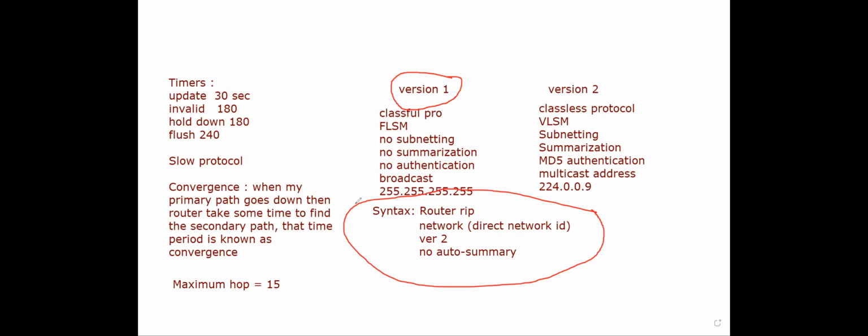Have you done default routing and static routing? Yes, yesterday. Okay, then not an issue, because this was the theoretical part. RIP is easier than static routing. Okay, let's move on to the practical part. You will see that it is a very easy protocol.